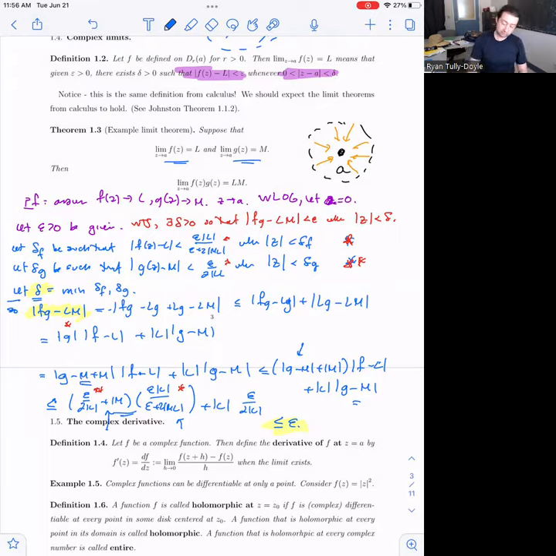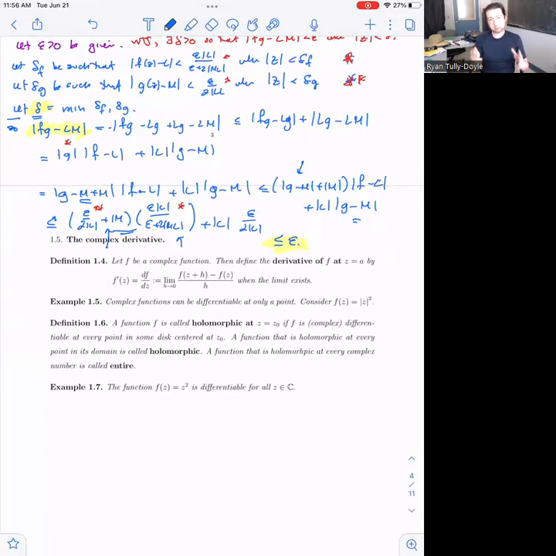Right. So the upshot is limits work the way that you think they should. The limits follow the same rules they do with real limits. So if you know how limits work in real variables, you know how they work in complex variables, as long as everything exists. One of the first things we do once we define a limit, the next move in calculus, is to build these difference quotients.